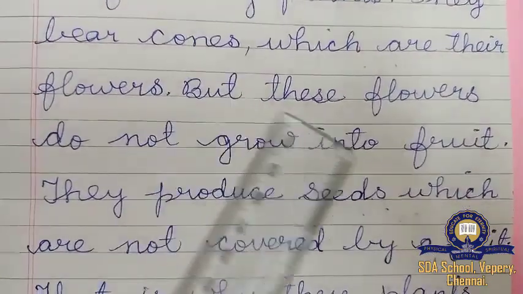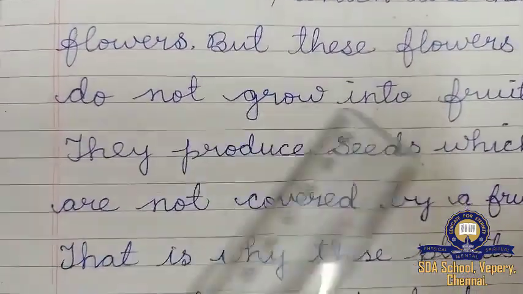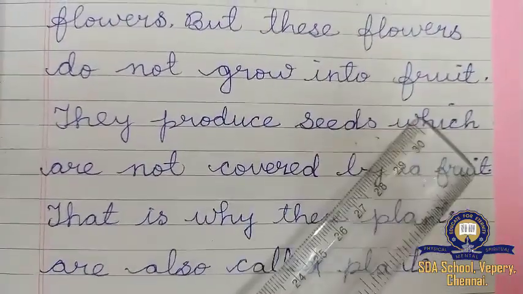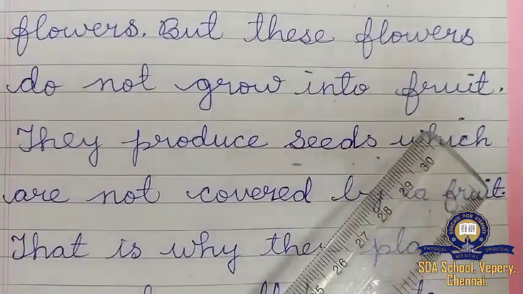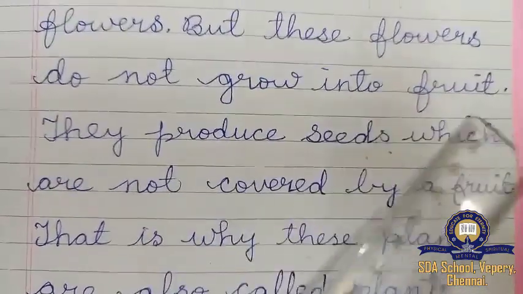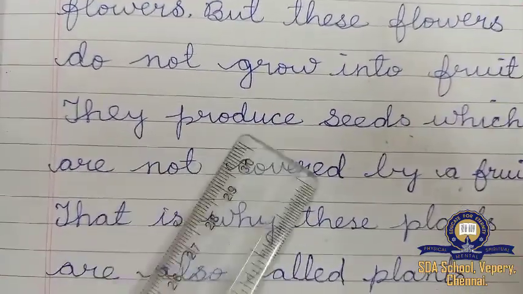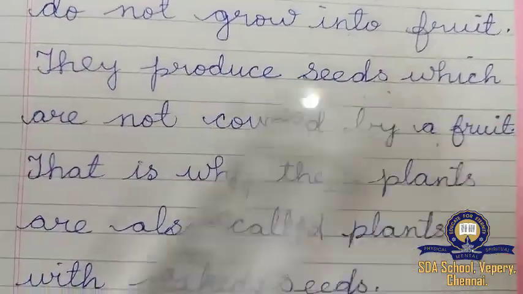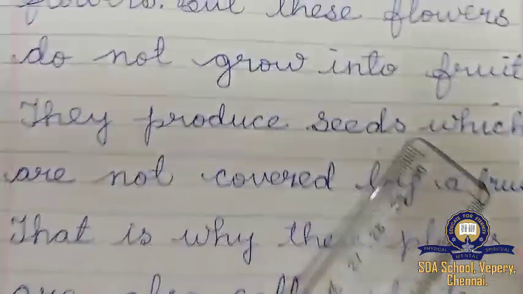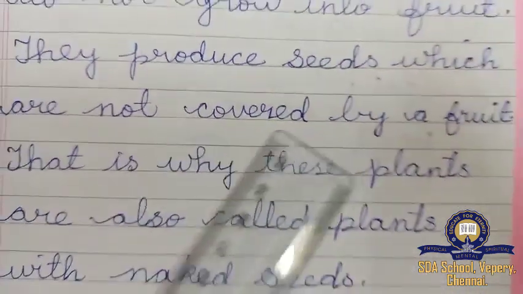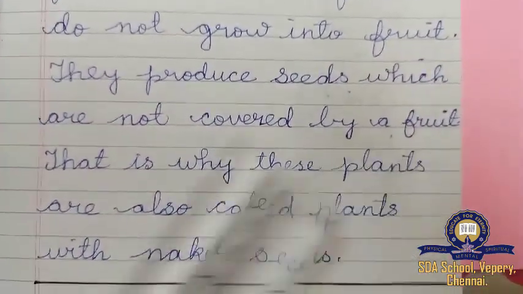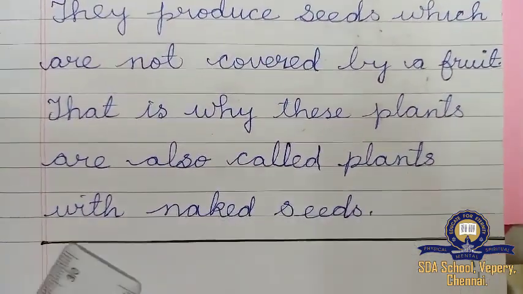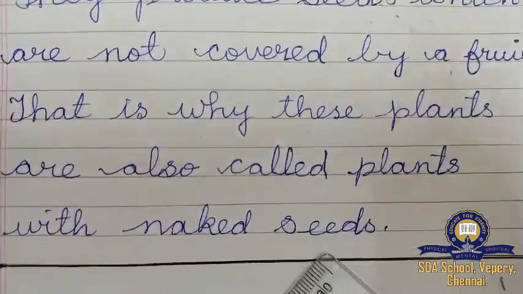Mostly in plants, flowers become fruits, but in conifers these flowers do not grow into fruits. They produce seeds which are not covered by a fruit. That is why these plants are also called plants with naked seeds.